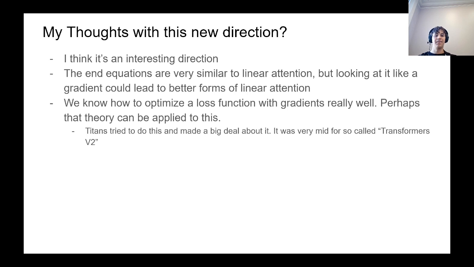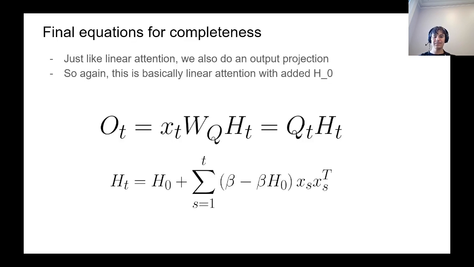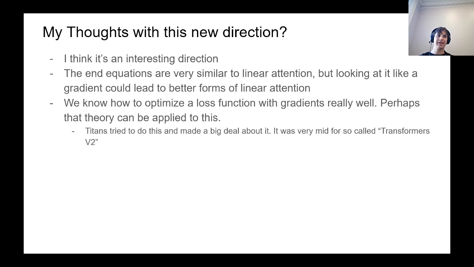Titans tried to do this, and Titans were apparently Transformers V2. That was annoying because they aren't. It's basically this, but with a lot of bells and whistles, and it's this but with momentum. I don't know if it was them who made it a big thing, or if it was just the press and media.